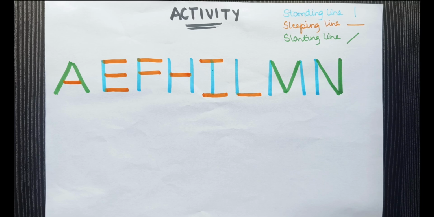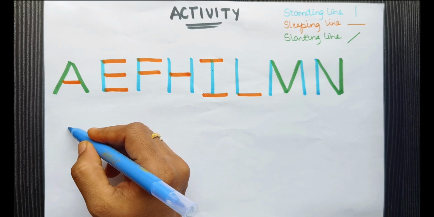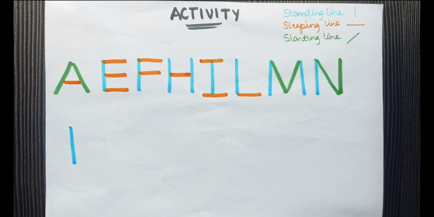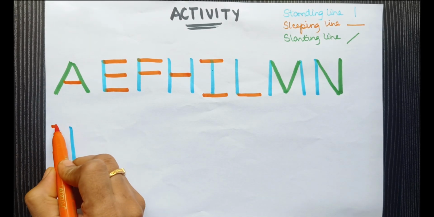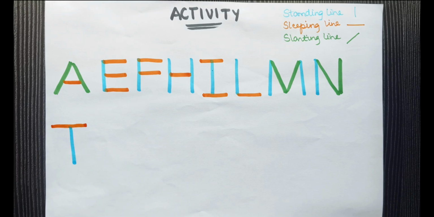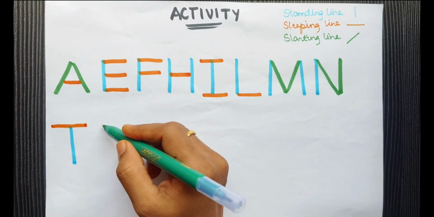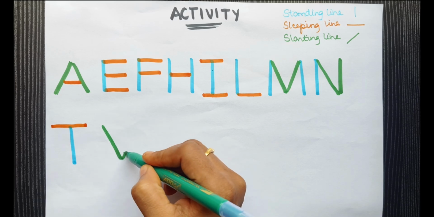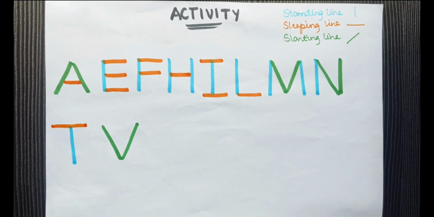Next, T is formed using one standing line and one sleeping line. Standing line, sleeping line. V is formed using two slanting lines. W is formed using four slanting lines.